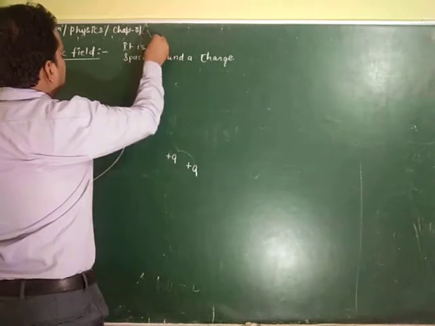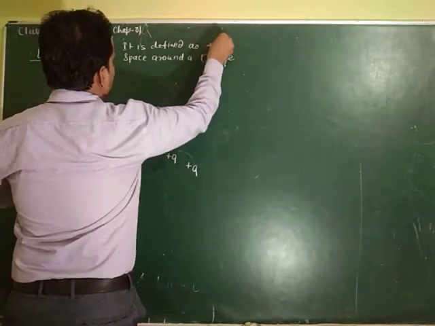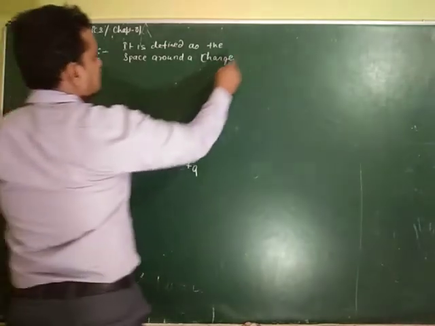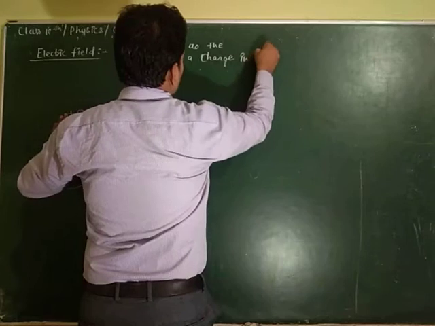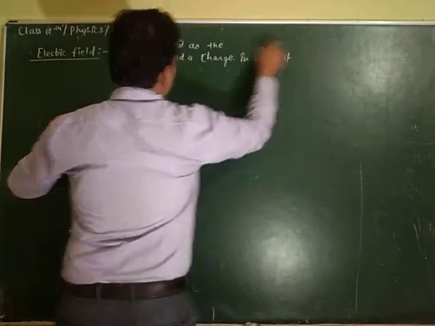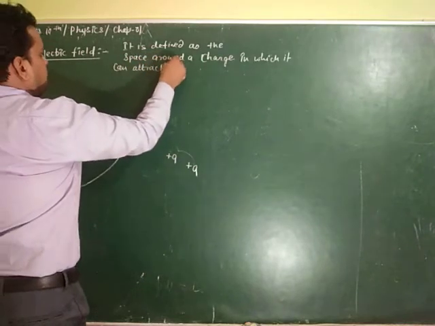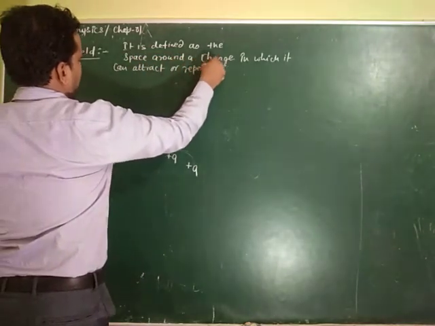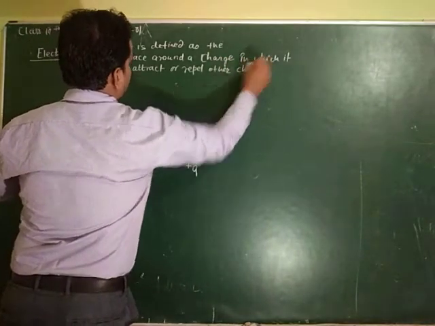It is defined as the space around the charge in which it can attract or repel other charges.